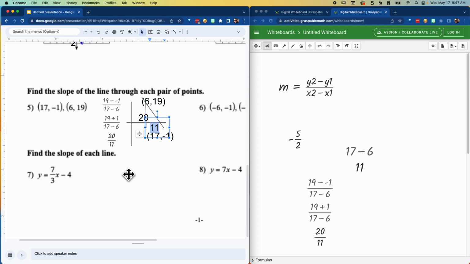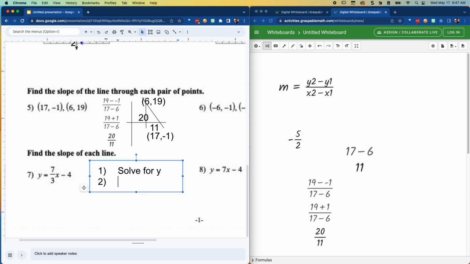All right, find the slope of each line. For number 7 here, when y is by itself, I'm going to make a quick note. If solved for y is your first step, then the second idea after that is slope is the coefficient of x.